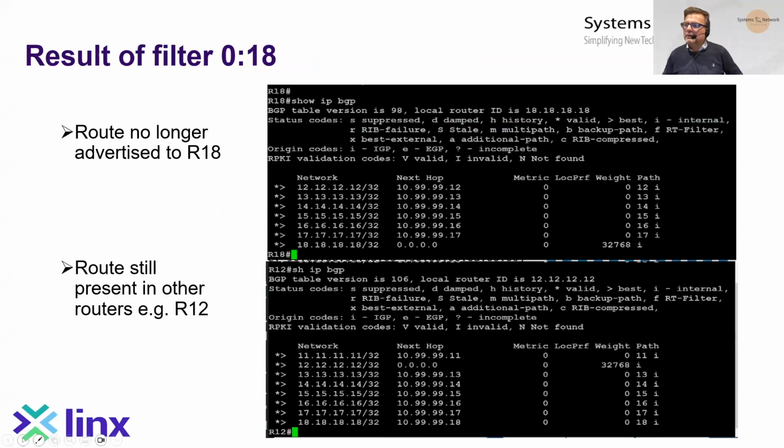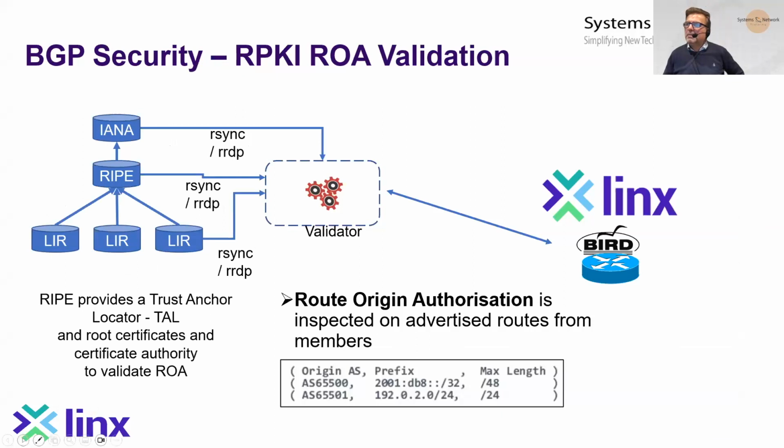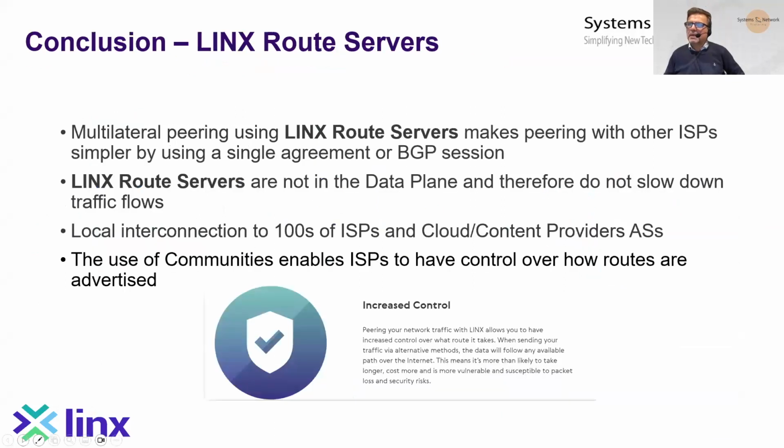So there's a little bit of a rush at the end there, and I won't have time to talk about this, unfortunately, but I would just like to finish and conclude my session here and say that LINX Route Servers are used in multilateral peering. It makes peering with other ISPs simpler by using a single agreement or BGP sessions. LINX Route Servers are not in the data plane and therefore do not slow down traffic flows at all.